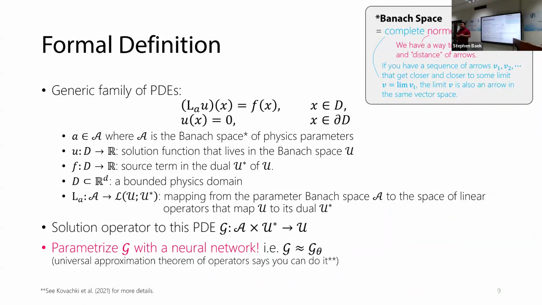Okay. All right. Congratulations. You survived this slide. At the end of the day, what we're interested in doing in neural operators is to parameterize this solution operator G using some sort of a neural network with a set of parameters theta. And there's a thing called the universal approximation theorem for operators.